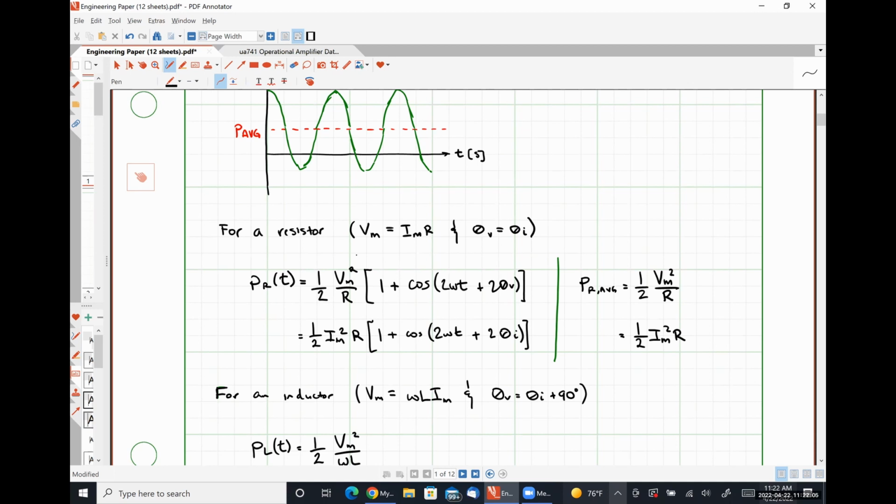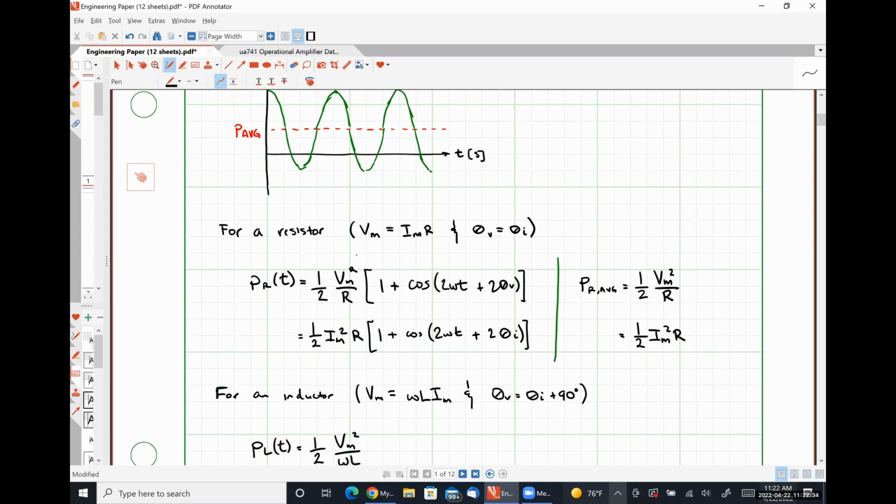We simply move this 90 degrees over to the left-hand side of this equal sign. And so theta V minus theta I would look like theta V minus the quantity theta V minus 90 degrees, which is theta V minus theta V plus 90 degrees. So what's the cosine of positive 90 degrees?